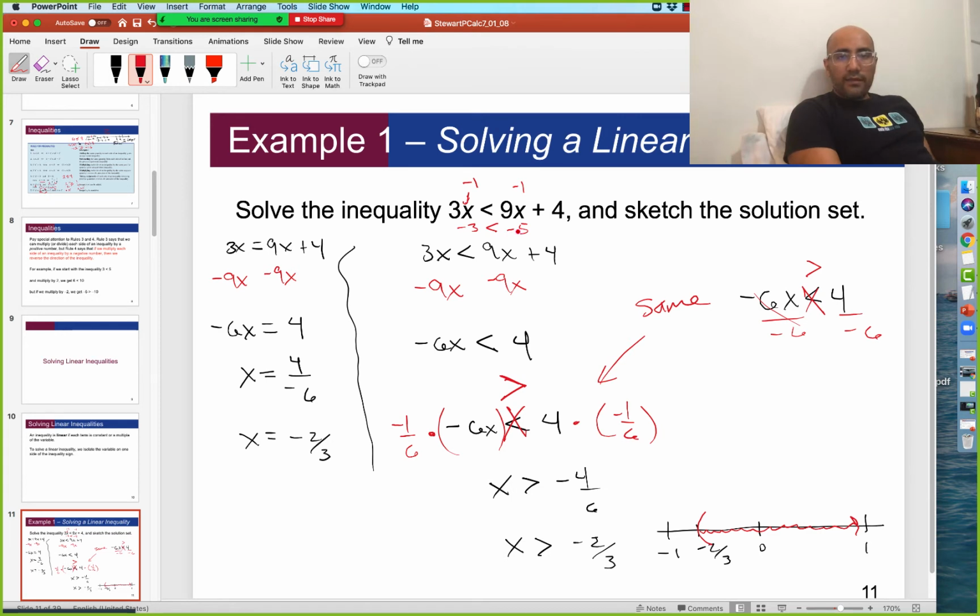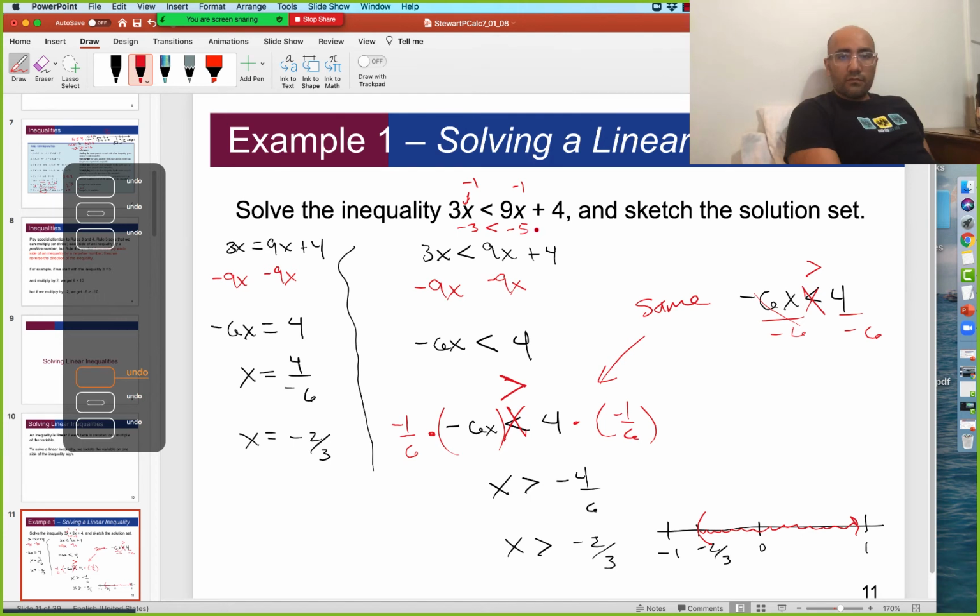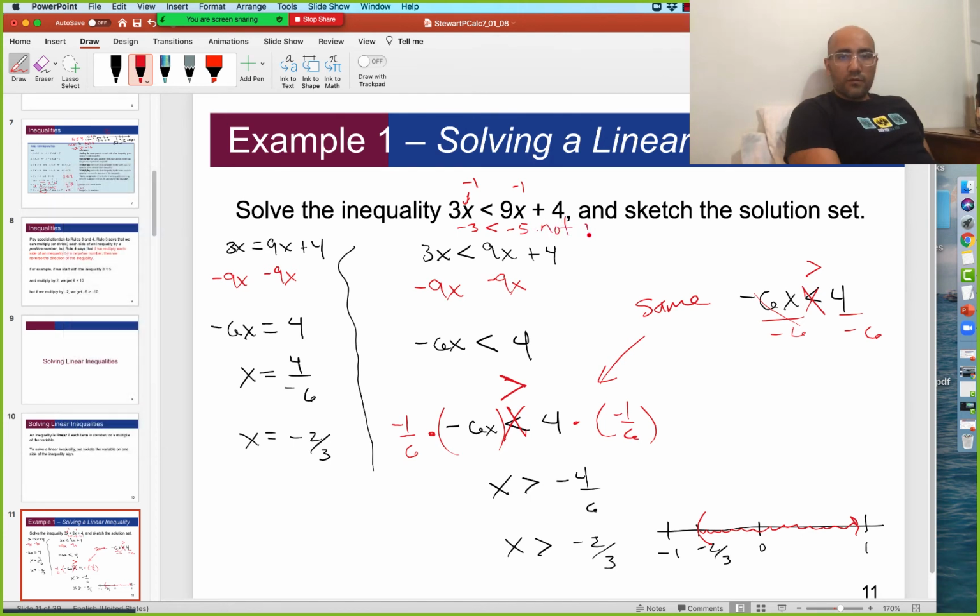On the number line, negative 5 is on the left-hand side of negative 3. Someone who only owes $3 is wealthier than someone who owes $5. So this is no longer true. That's why negative 1 is not part of the solution set. Good? Not true.